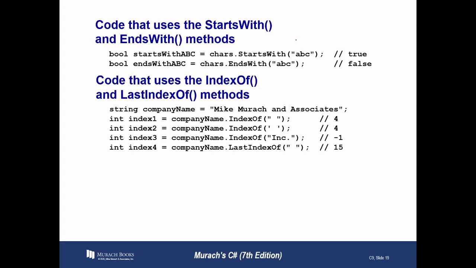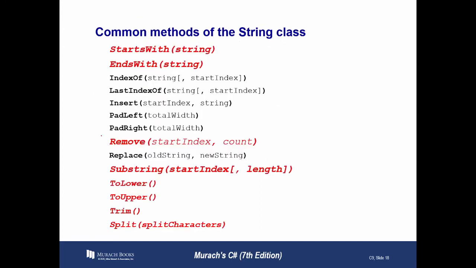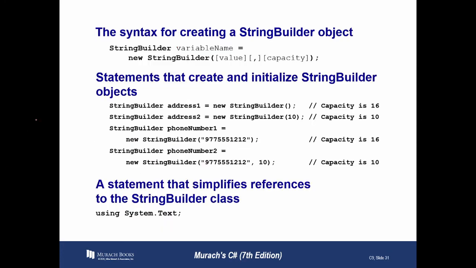So if we're talking about the alphabet, this would be true. Again, the alphabet, does it end with ABC? No, it's XYZ. And so that's why this is false. So this is how you look at StartsWith and EndsWith, okay? And we've covered those two, and I want to go to Remove.